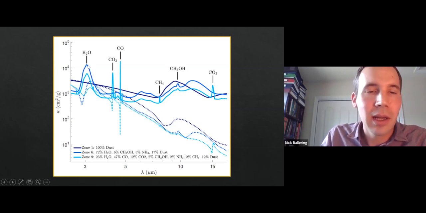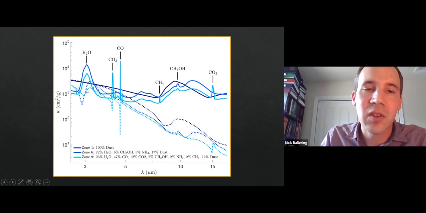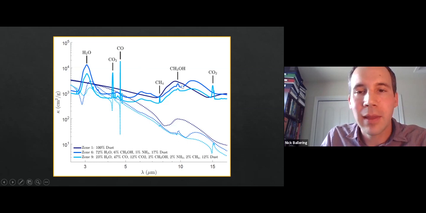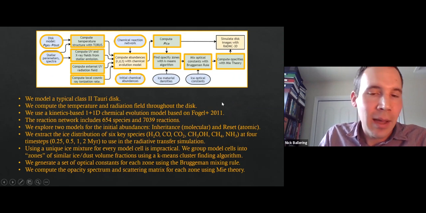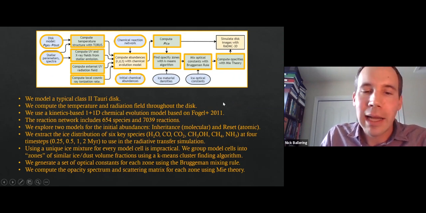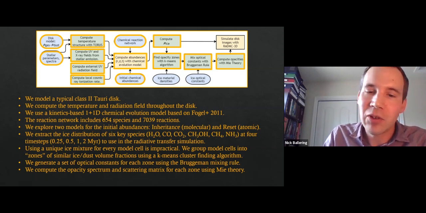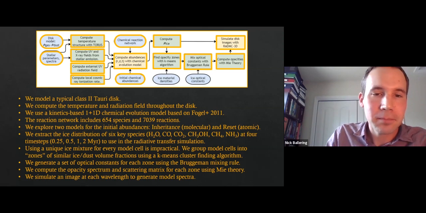So you can see a prominent peak in the absorption opacity for the water at 3 microns, as you'd expect, and a dip here in the scattering opacity to generate the scattering spectral features. The more cyan curve also has a lot of CO2, which you can see its features here and here. It's got CO, and some methane and some methanol. And then we take that, put it together in the radiative transfer code, and generate a model image at each wavelength of interest. Then we can combine those model images to form model spectra.